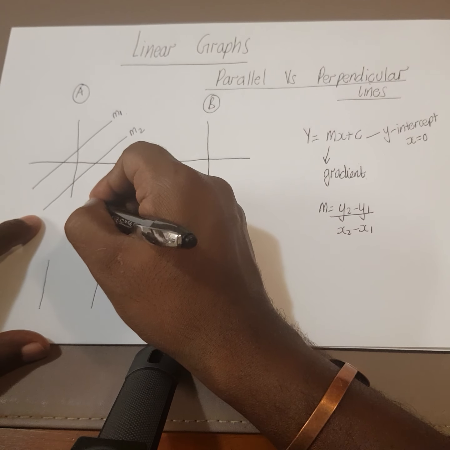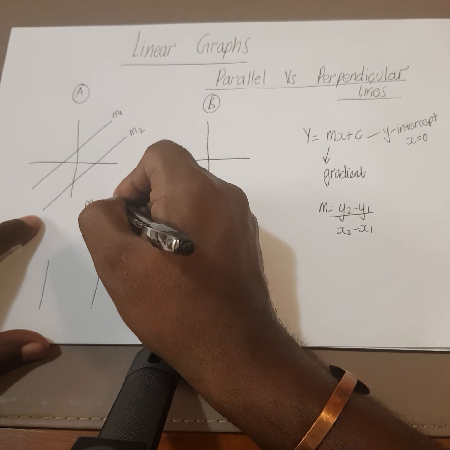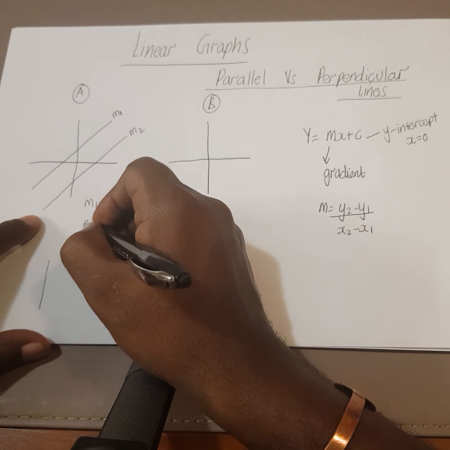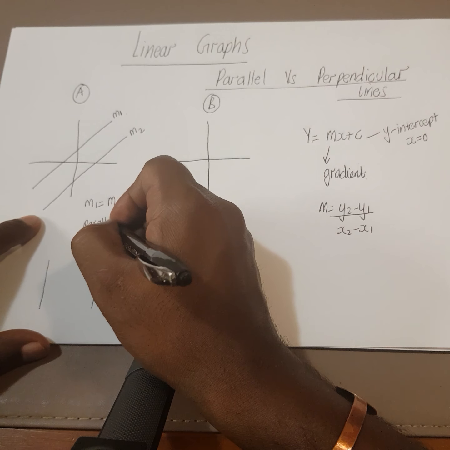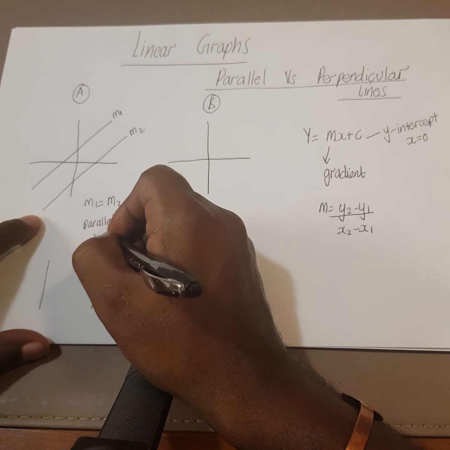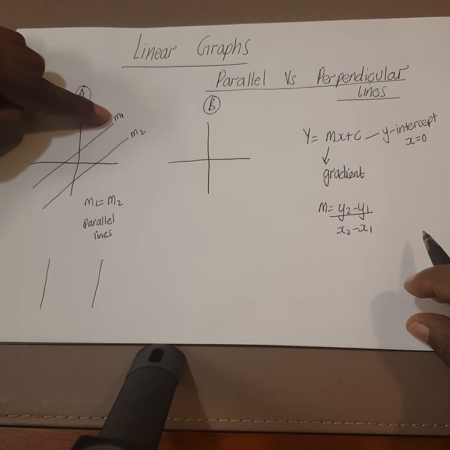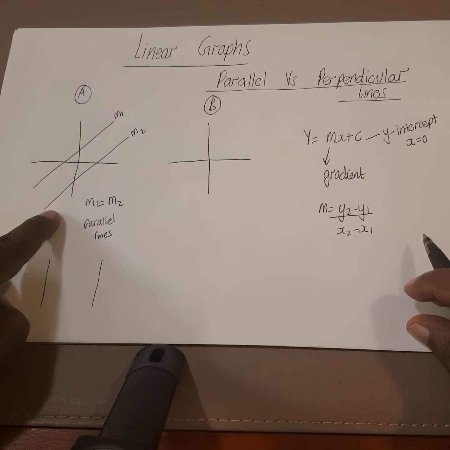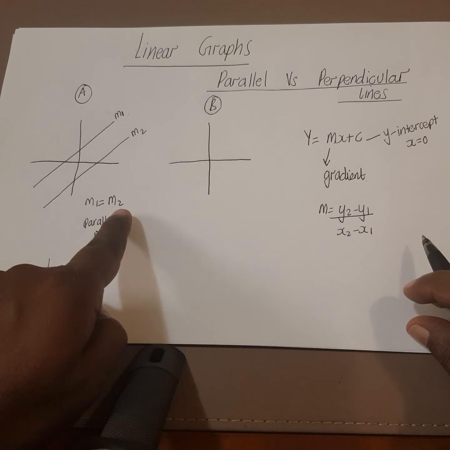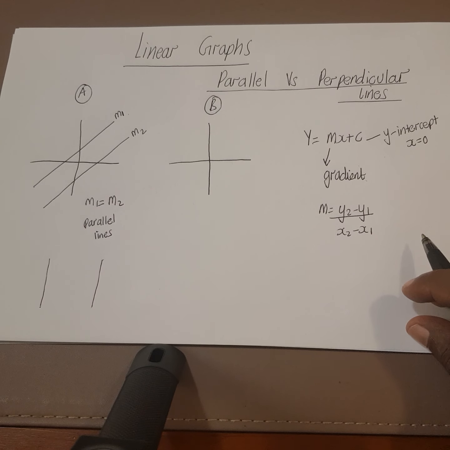Therefore, m1 is equal to m2 in parallel lines. In other words, parallel lines have the same gradient. For example, if the gradient m1 in this case is 1 and m2 is parallel, the gradient of m2 is 1 as well. So in a nutshell, parallel lines have the same gradient.